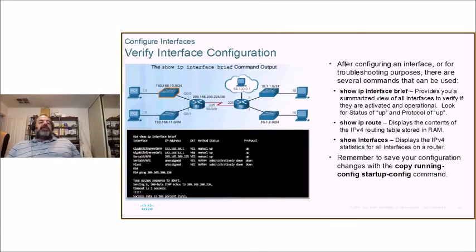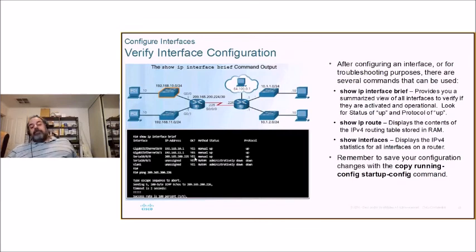Once you've configured your device, you can check how things are going and if that configuration is working in the way you wished. You can do show ip interface brief. That will give you a listing of each interface that's available, and it will tell you details like IP addressing and its status and the like. Certainly handy information. Show ip route, we looked at earlier.